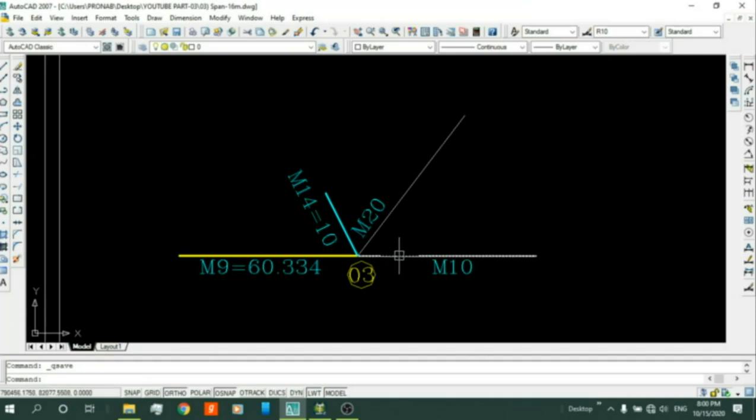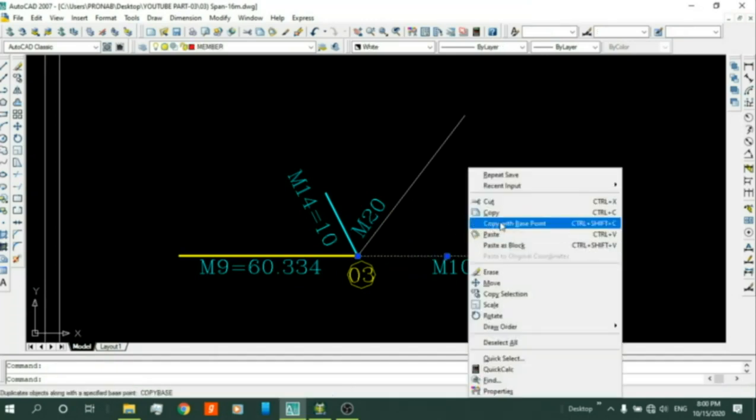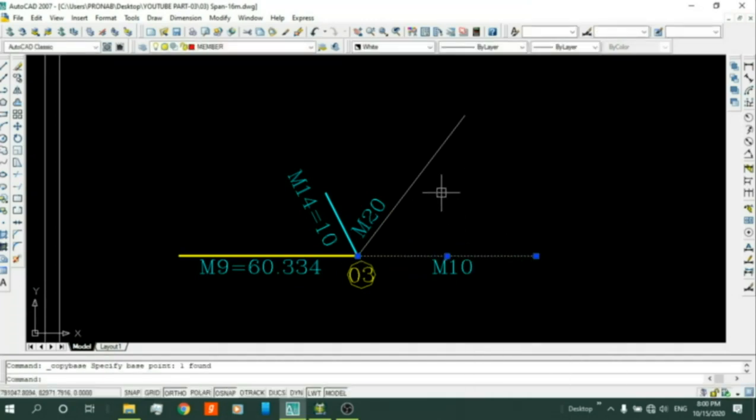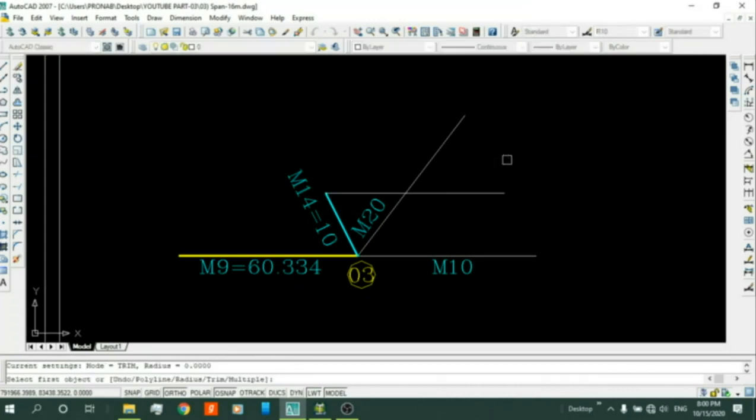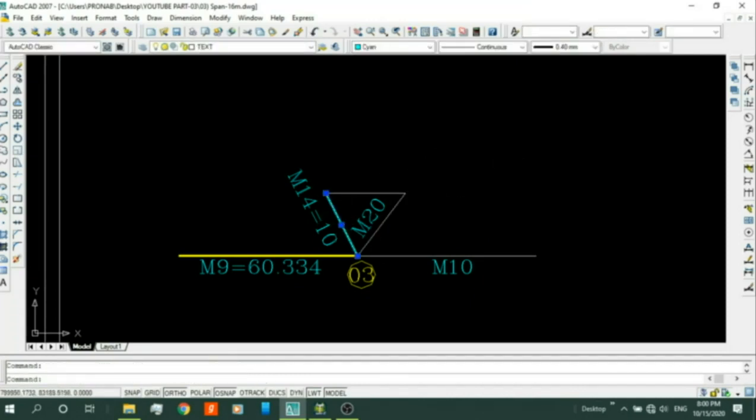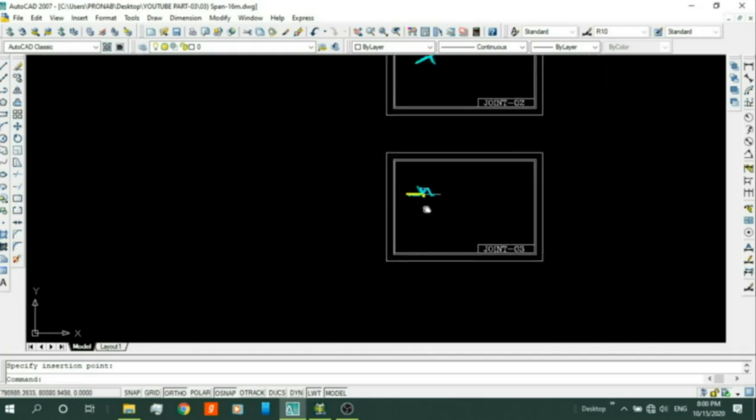Now, copy this line. Paste here. Copy this line. This one and this one are members of the parallelogram.